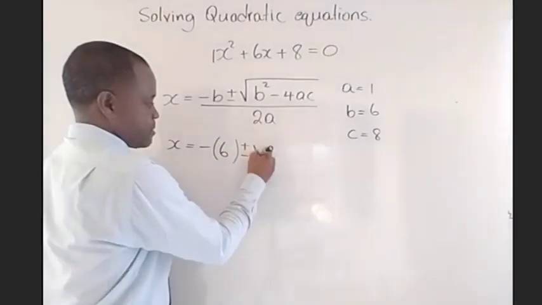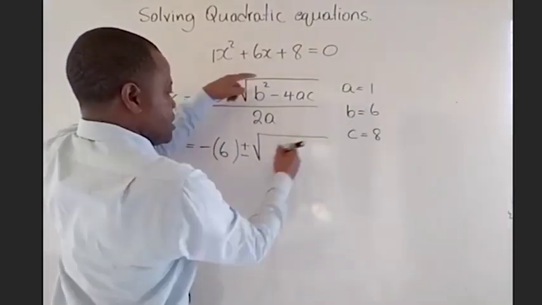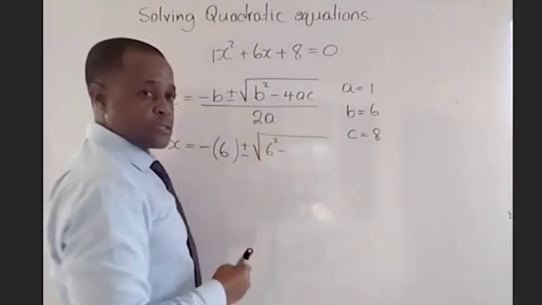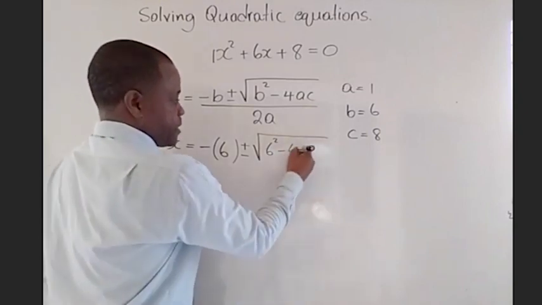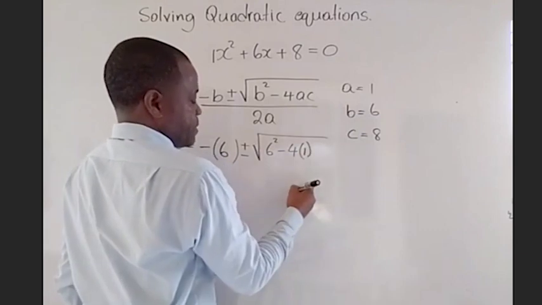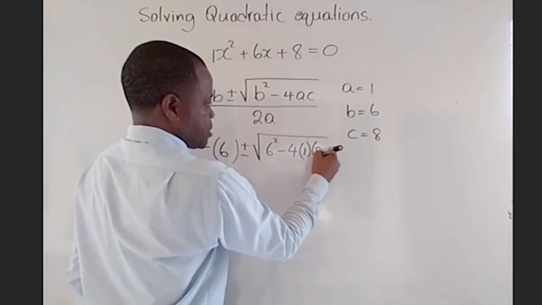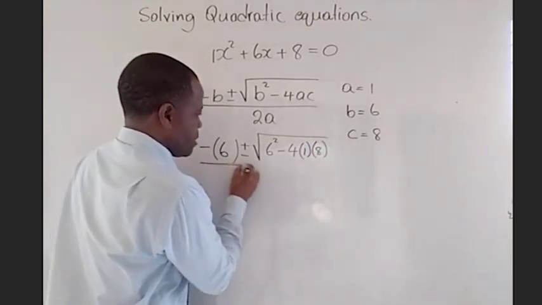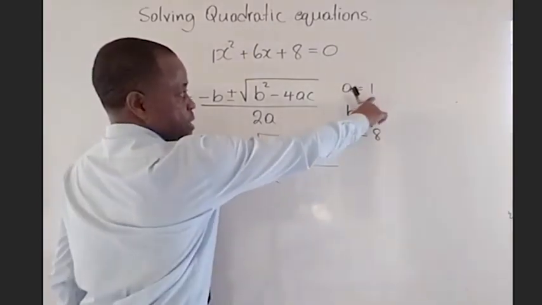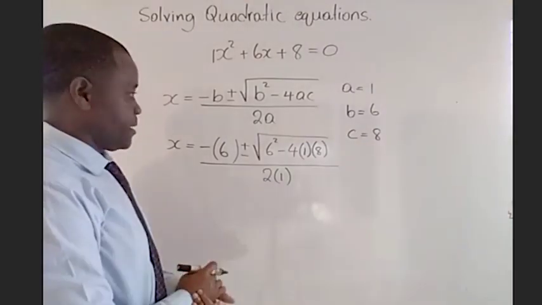Plus or minus, this is now going to be B squared, so this is going to be 6 squared minus 4 times A, which is 1, so I put my 1 there, times C, which is 8, so I put my 8 there, all over 2 times the value of A, which is 1, so I put my 1 there. Okay, very good. So going on fine.